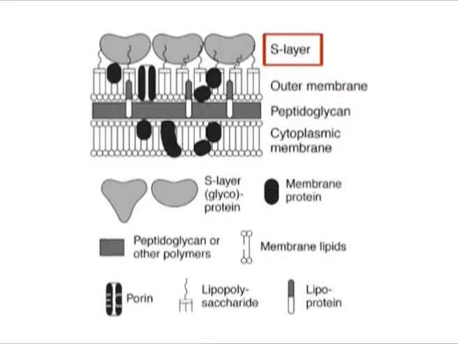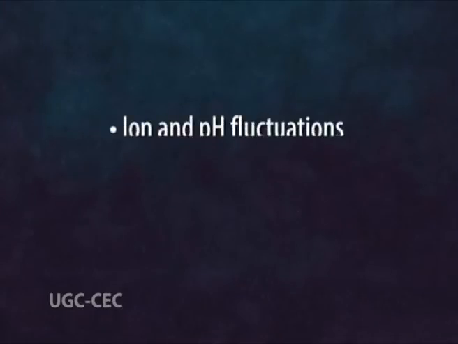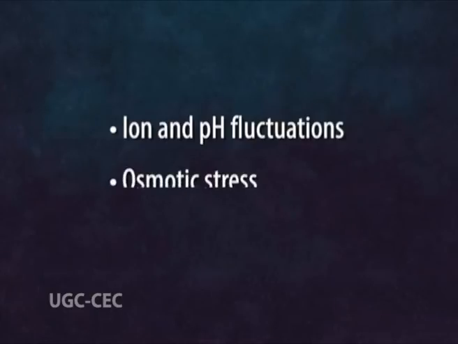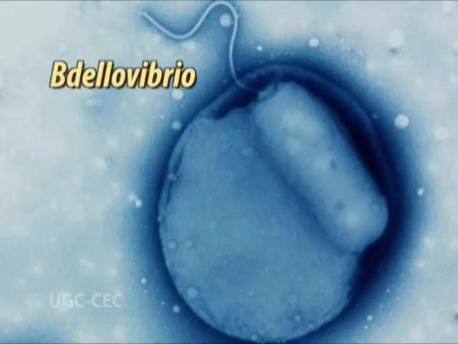The slime layer should not be confused with the S layer, as S layer is a separate and highly organized glycoprotein layer surrounding many bacterial cells. It probably protects the cell against ion and pH fluctuations, osmotic stress, enzymes or the predaceous bacterium Bdellovibrio.